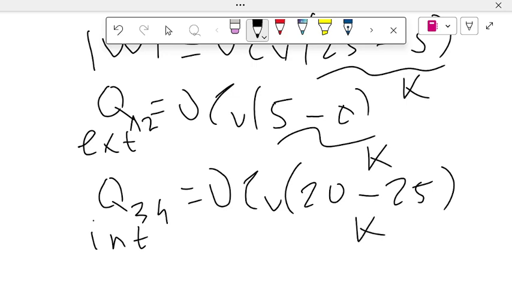As you observe, this is with plus, this is with minus.